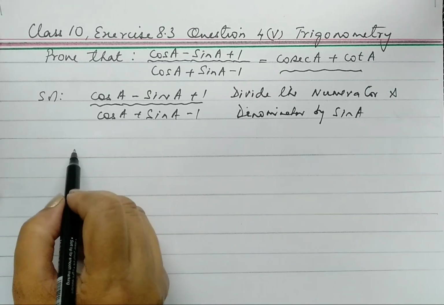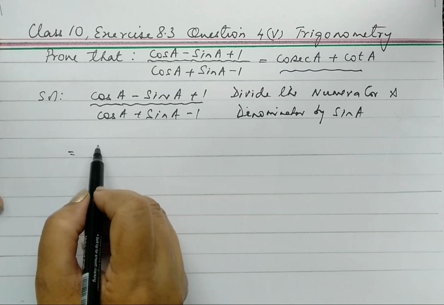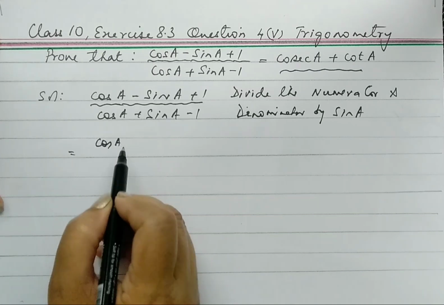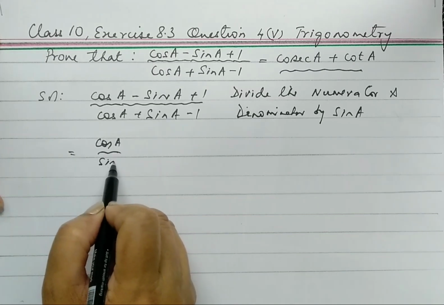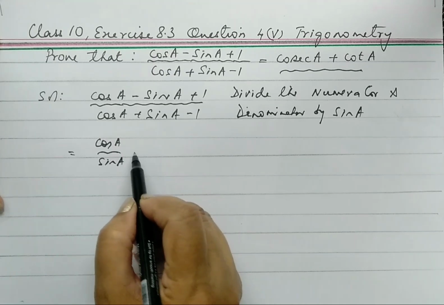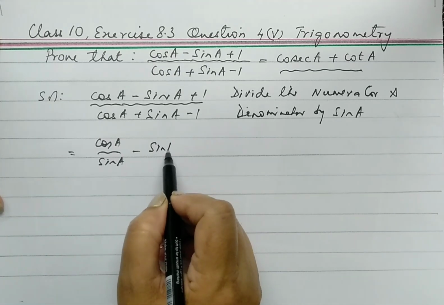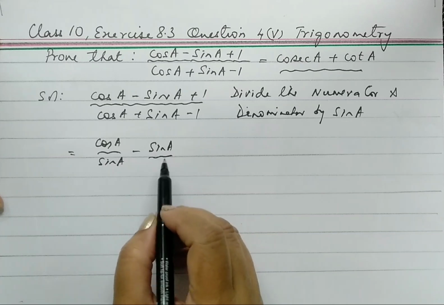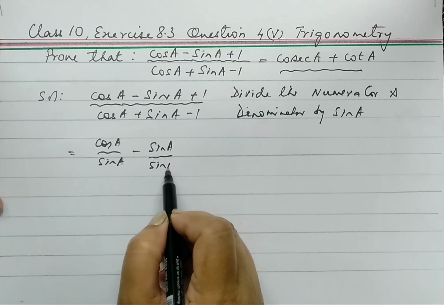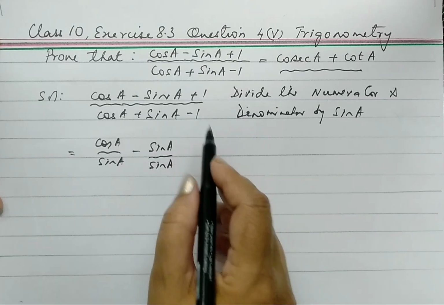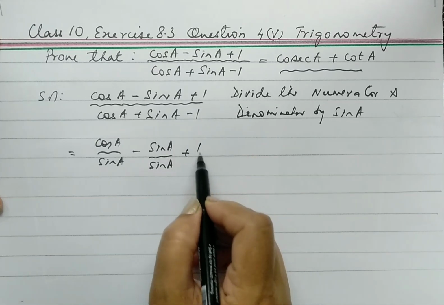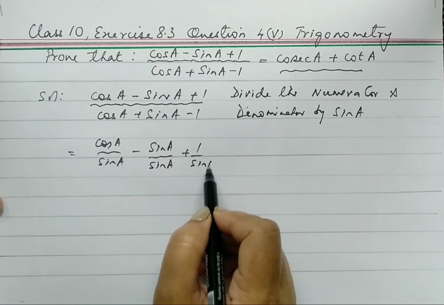So we can write now as cos A over sin A minus sin A over sin A plus 1 upon sin A, right?